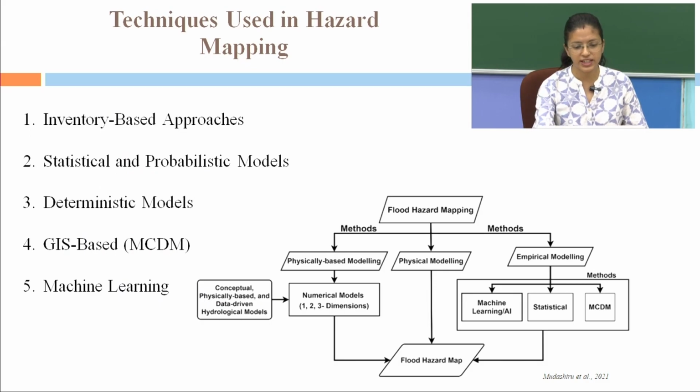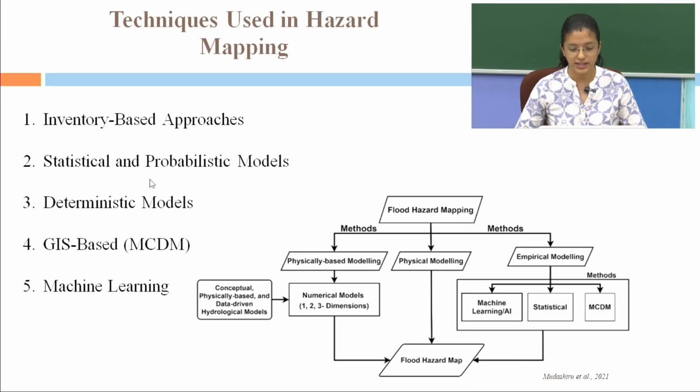There are various techniques used for hazard mapping, like the inventory-based approach, that is basically utilizing historical records and field data surveys to document past hazard events, providing a basis for identifying susceptible areas. Statistical and probabilistic methods apply statistical analysis to determine the likelihood of hazard occurrences based on various environmental and geological factors.